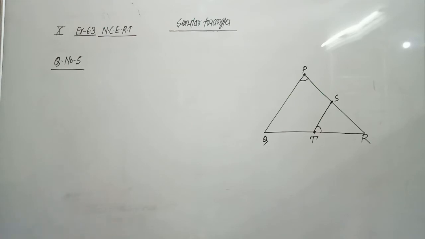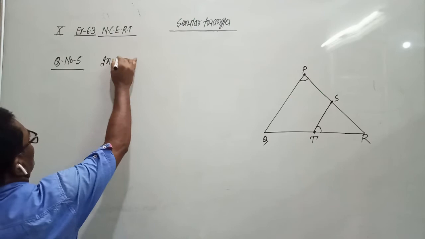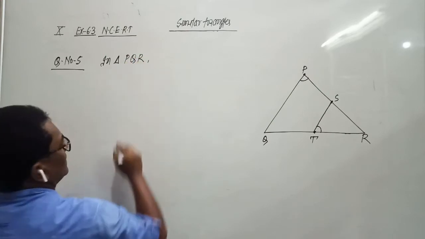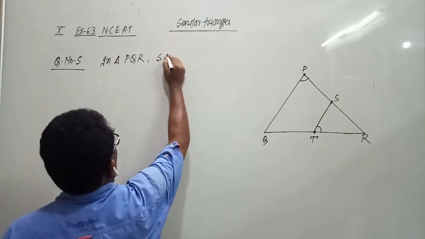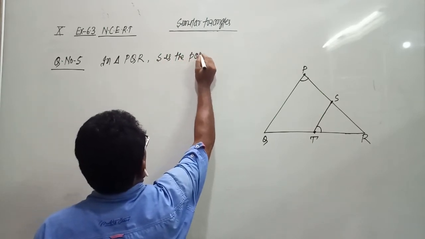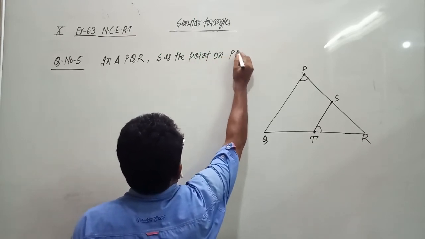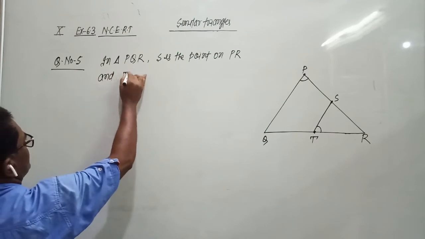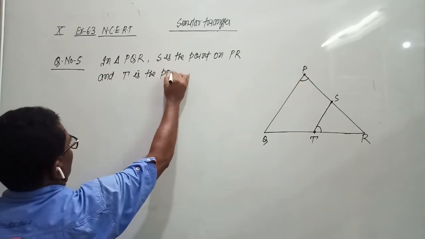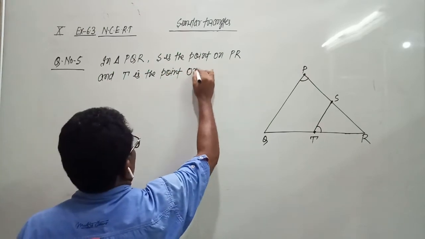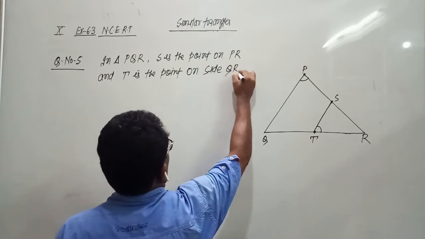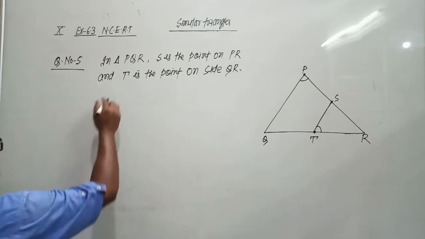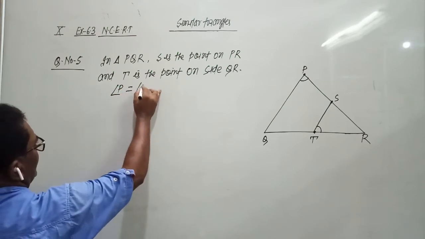So we are given that in triangle PQR, S is the point on side PR and T is the point on side QR, and angle P equals angle RTS.